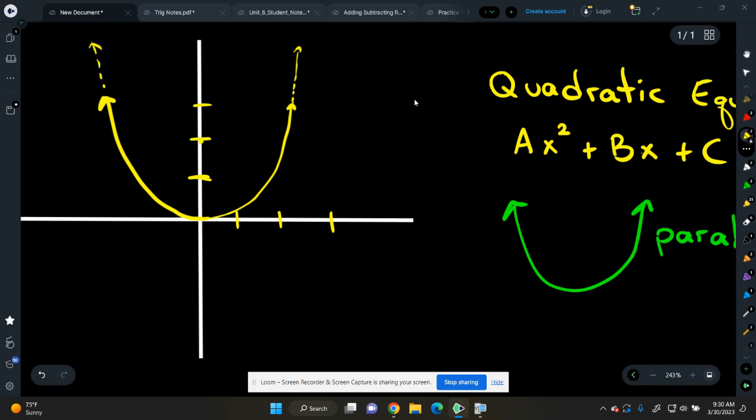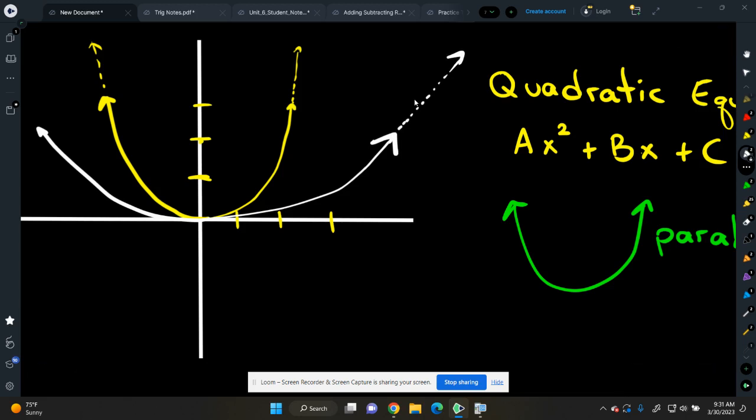It's going to continue. Now, the fatter the parabola is, the more obvious that becomes. So let's say that we had a parabola that was shaped more like this, right? You can see that that's going to continue, not just going out and up. Okay, so it's going to continue. Both lines are going to continue.